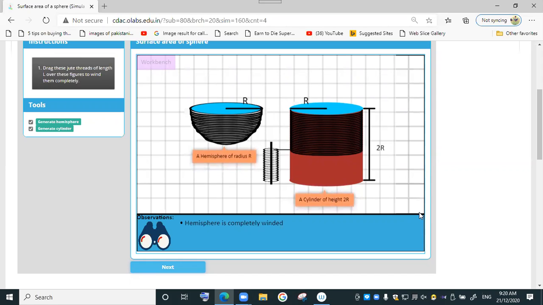Another one, wind them completely, both figures.